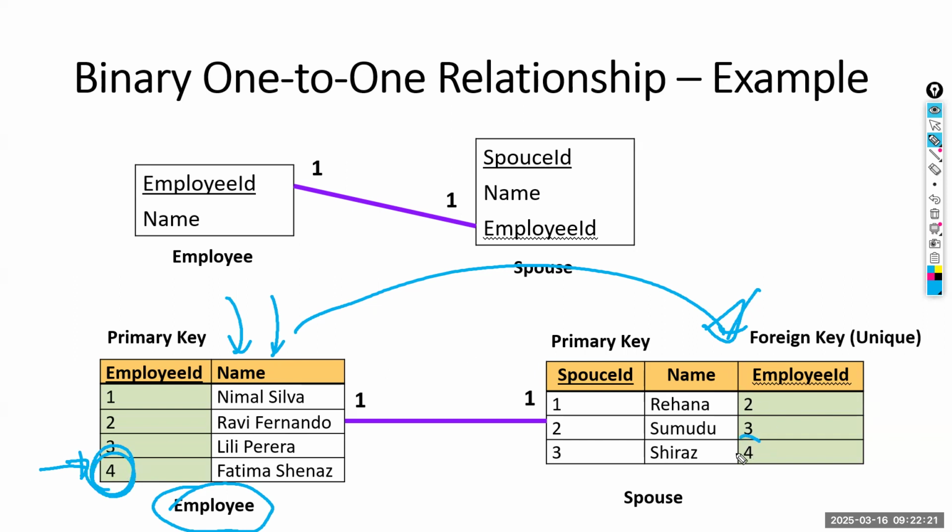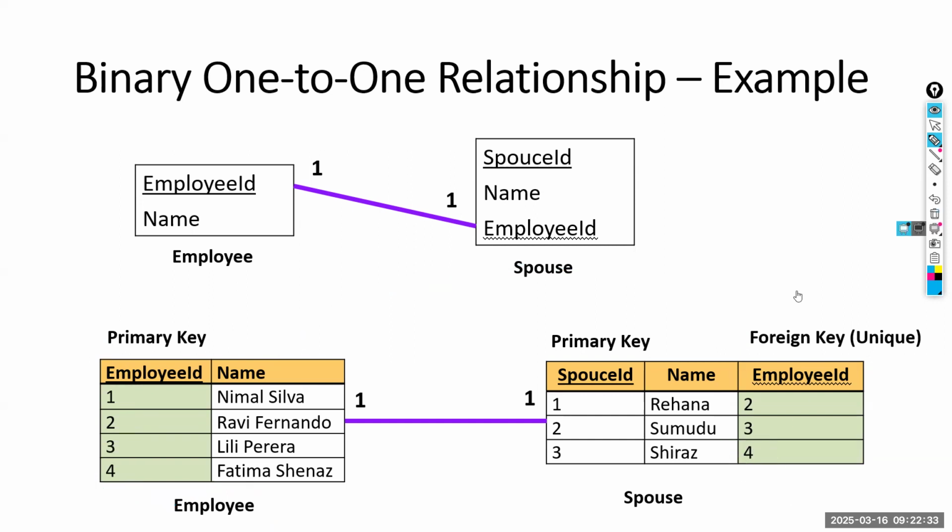That we can edit. Because the employee record is already there and you know the employee ID, now you can add that for it. But if you do it the other way, if you add the spouse ID here, by the time you enter the employee, the spouse is not added, because usually we start with the employee, not with the spouse. So that is why we add the foreign key to the weak table.